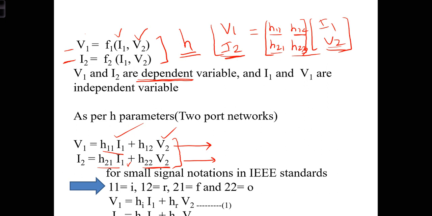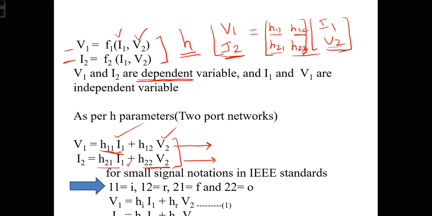Now how to calculate H11, H12, H21 and H22? Suppose we want to calculate H11. It will be V1 by I1 when V2 is 0. So you make V2 0, and H11 is simply V1 by I1.